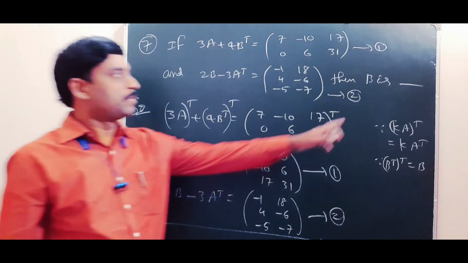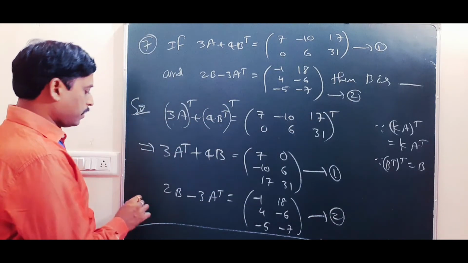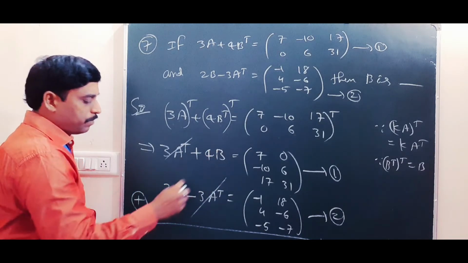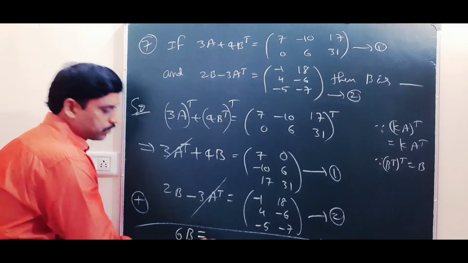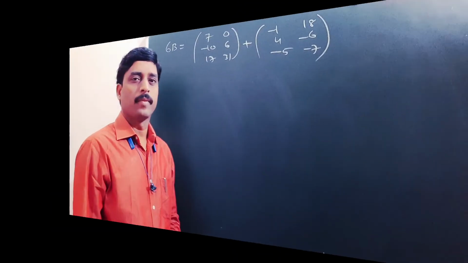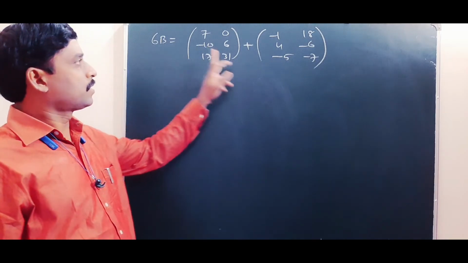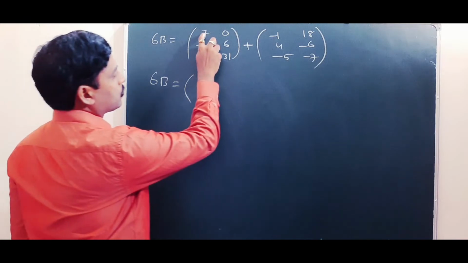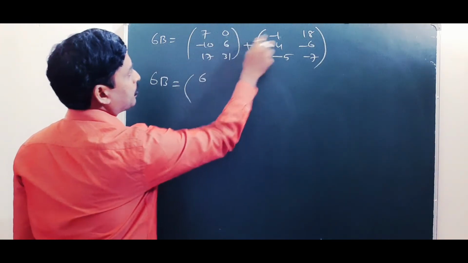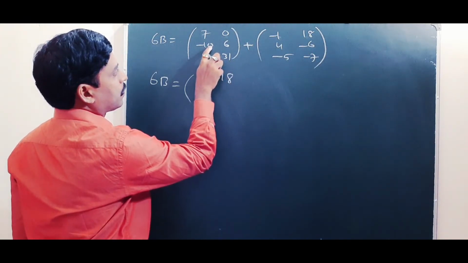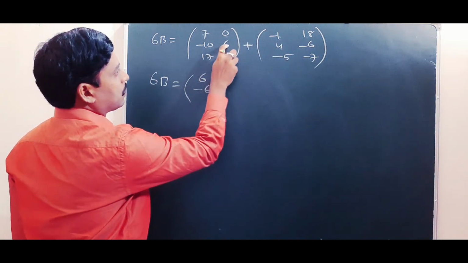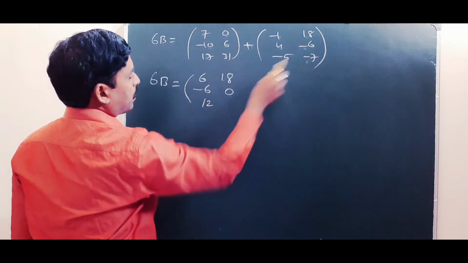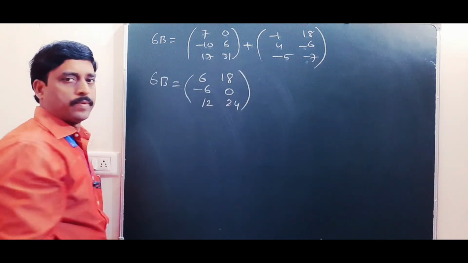But our target is the matrix B, so let us add. 3A transpose gets cancelled. 4B plus 2B is 6B, equal to the sum of these two matrices. 7 minus 1 is 6. 0 plus 18 is 18. Minus 10 plus 4 is minus 6. 6 minus 6 is 0. 17 minus 5 is 12. 31 minus 7 is 24.